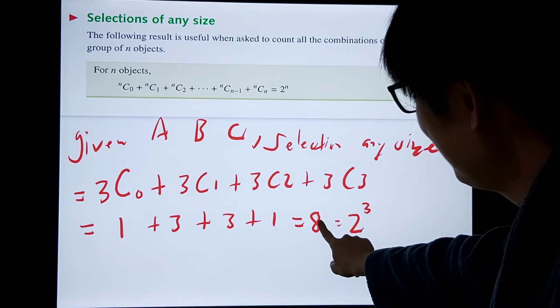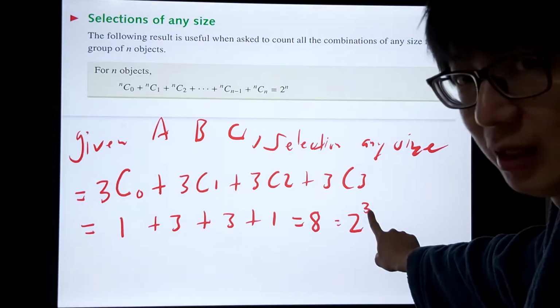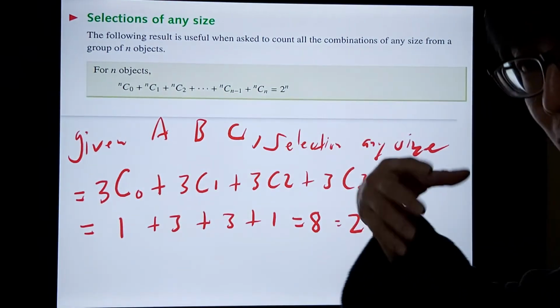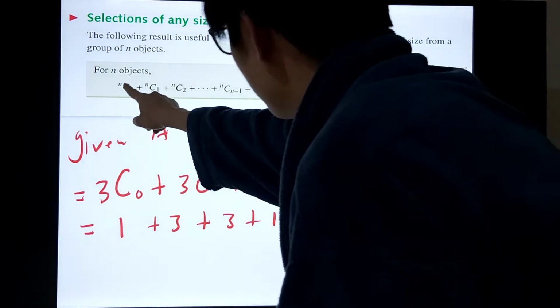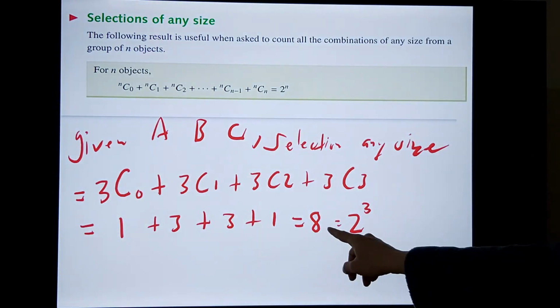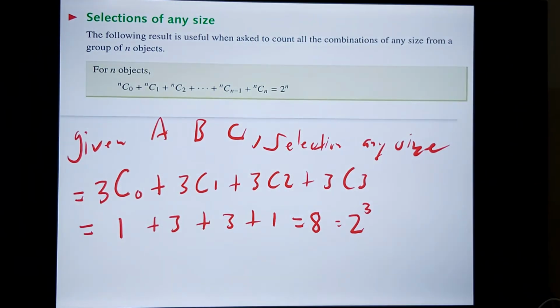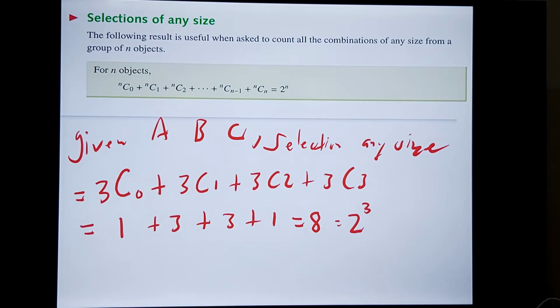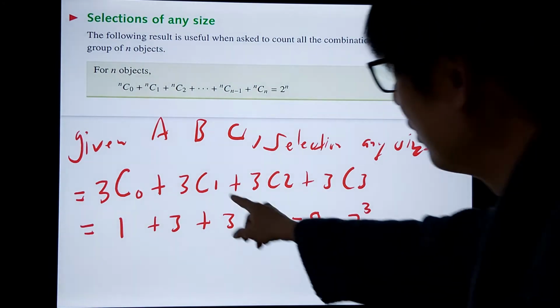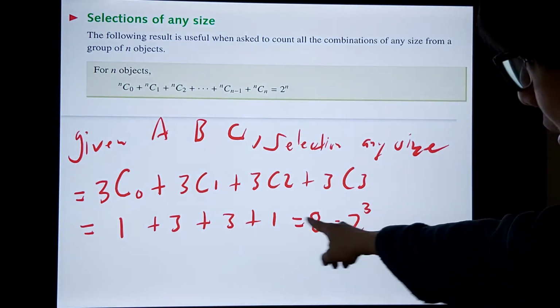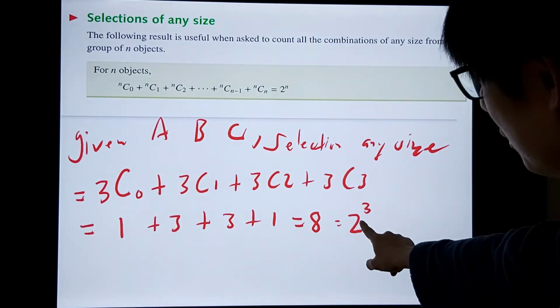And what is 8? 8 is 2 to the power of 3. If you want to try, you can try with number 4. You'll find out the answer will be 16, 2 to the power of 4. You can try with n as number 5, then in the end you get 32, which is 2 to the power of 5.